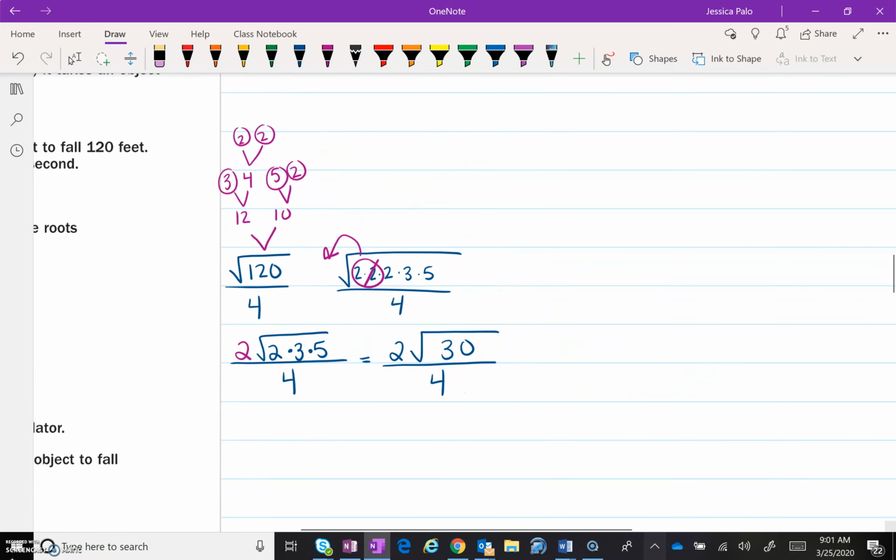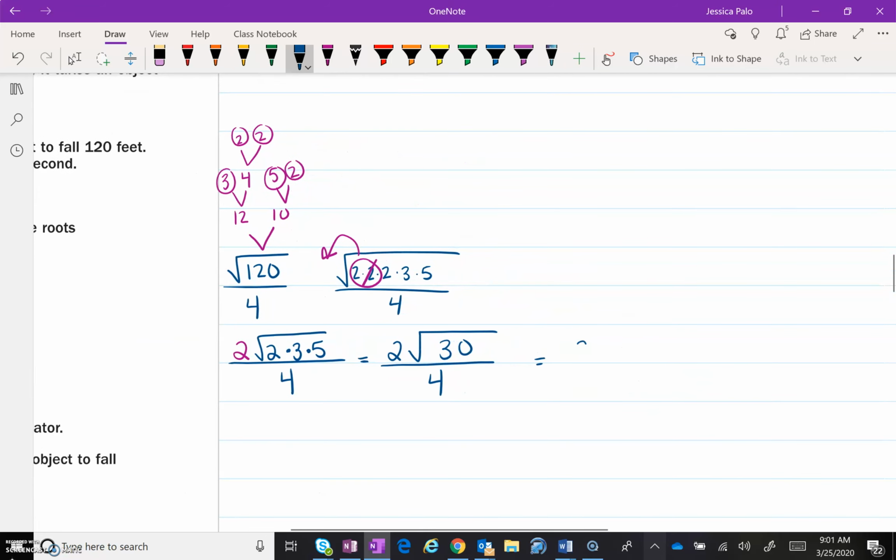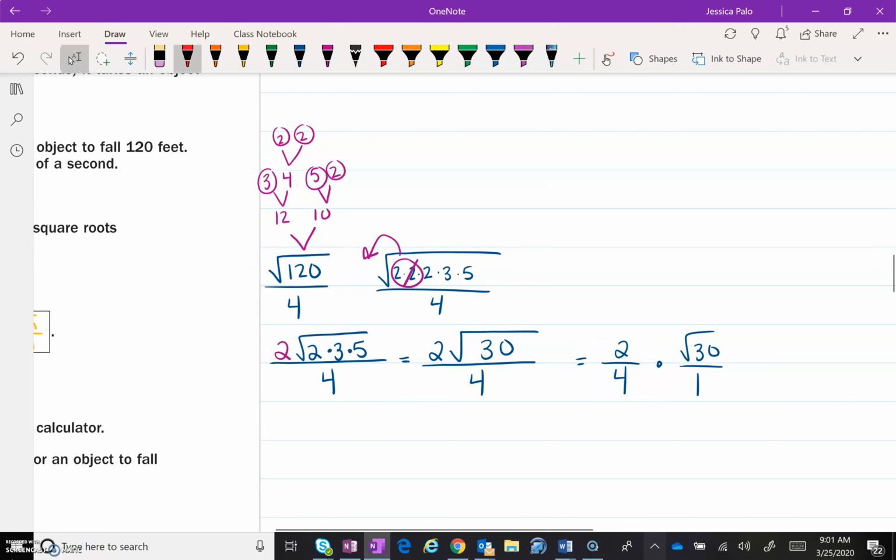This could be written like this: 2 over 4 times radical 30 over 1. 2 and 4 can be simplified. 2 over 4 simplifies to 1 over 2 times radical 30 over 1, which would give you radical 30 over 2 as your final answer.